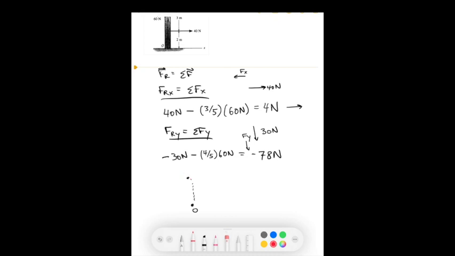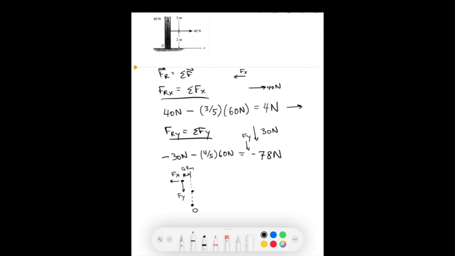However, we do need to look at the other forces. First, we see that there is this force over here, and there's a y component and an x component. Notice carefully that there is a small distance here of 0.4 meters.